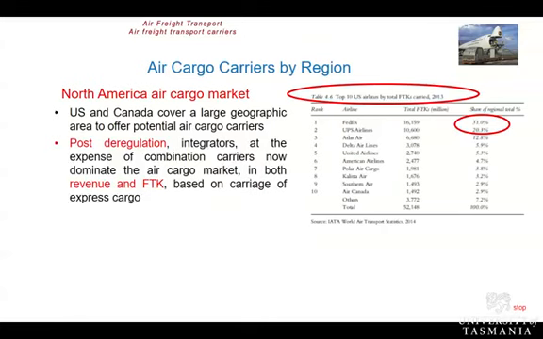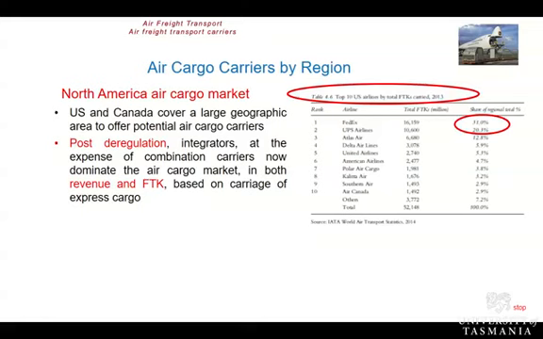And the FedEx and UPS story is quite a unique one because they've really emerged over the last 30 or 40 years by virtue of deregulation in the United States. So when deregulation came around, the integrators emerged and they took advantage of the opportunity presented by a lot of the airlines at the time competing very heavily.